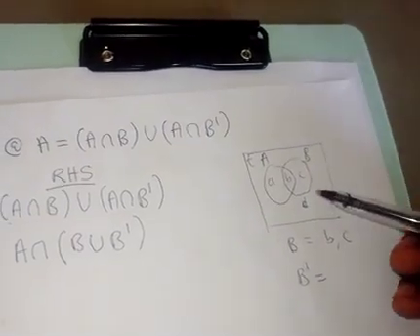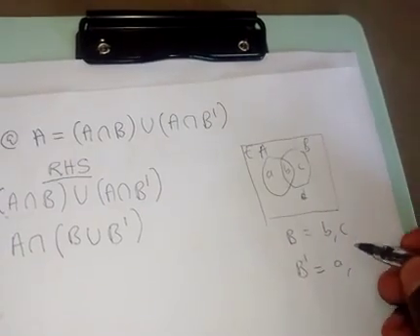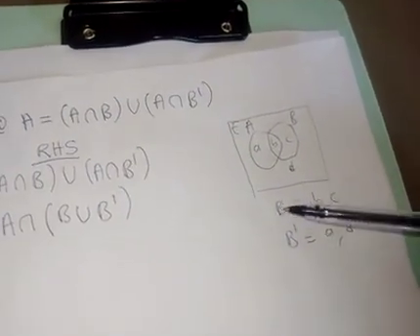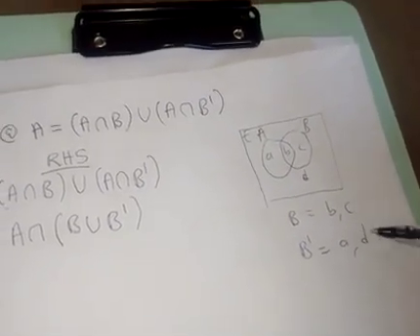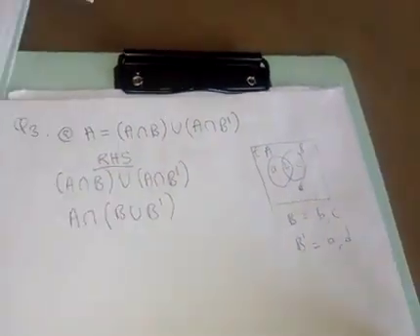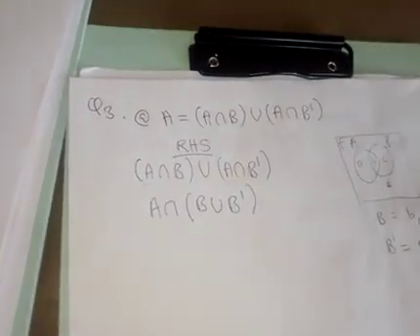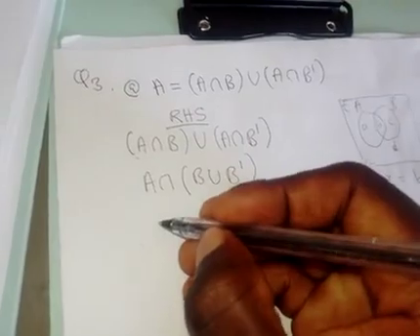B complement is A and D. If you put together B and B complement, what are you getting? A, B, C, D together, everything, gives the universal set.